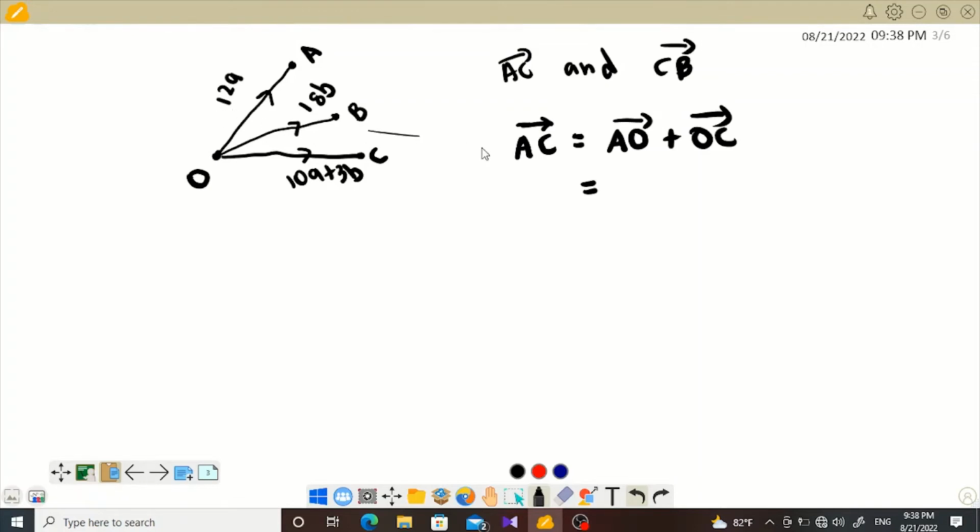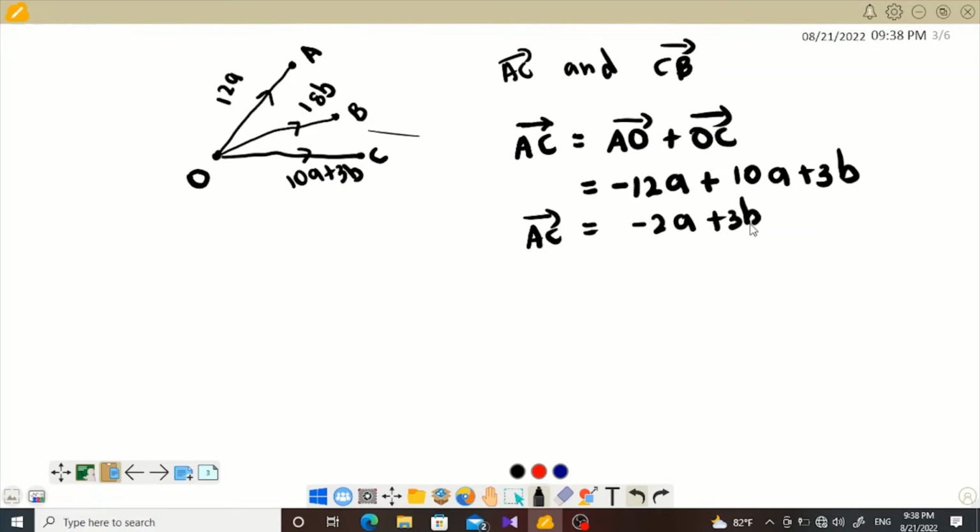So AO is minus 12a. OC is 10a plus 3b. Then I get the final answer for AC as minus 12a plus 10a, which means minus 2a plus 3b. This is the answer for AC.